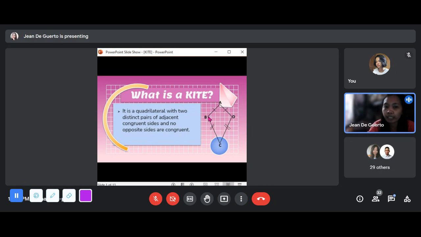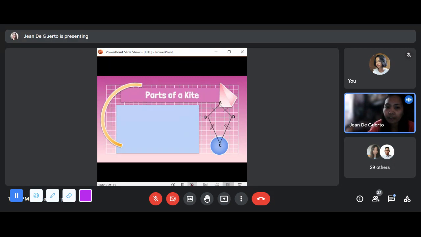So in this case, segment AB and segment AD are the first pair of congruent sides, and segment BC and segment DC are the second pair of congruent sides in this kite ADCB based on the markings that we have. Okay? So segment AB is congruent to segment AD and segment BC is congruent to segment DC.